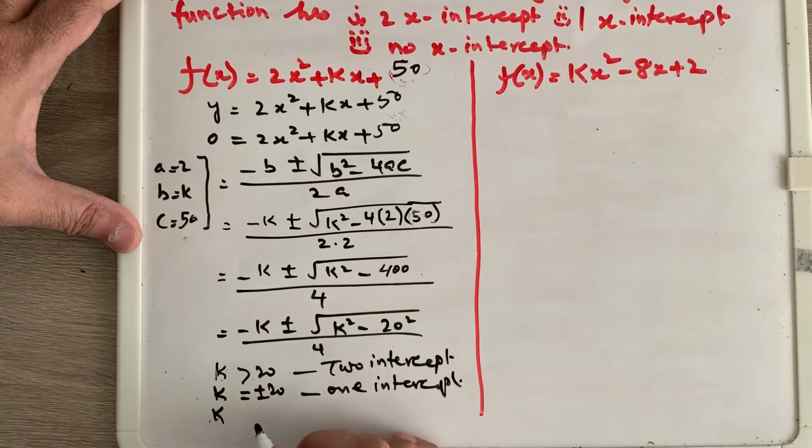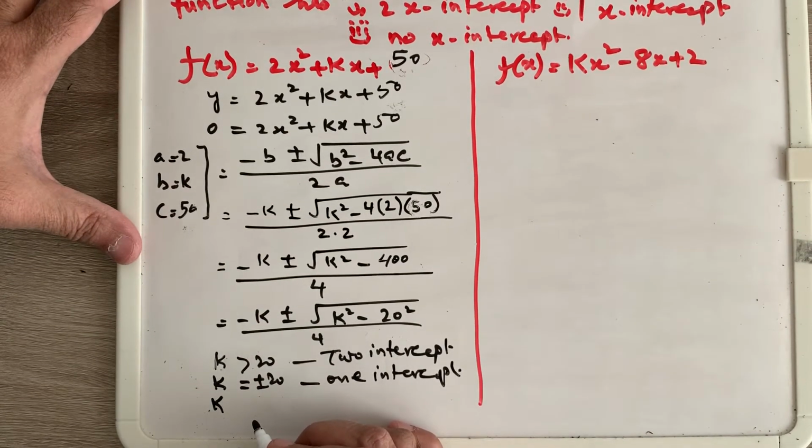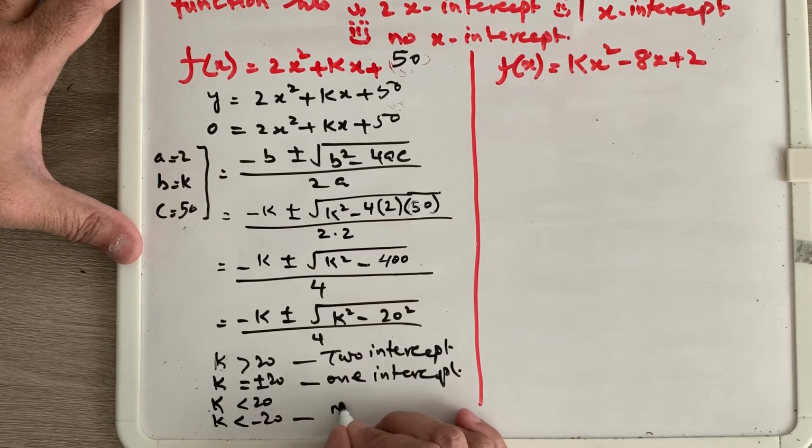And if my k is less than 20, or k is less than minus 20, I will have no x-intercept.